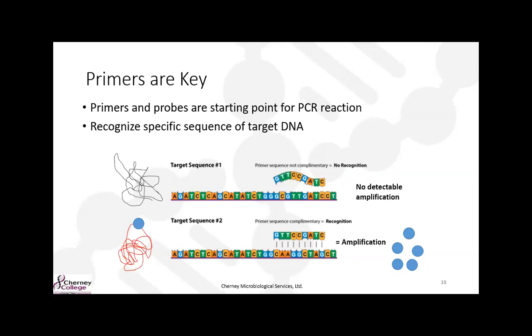However, if you look at target sequence number 2 on the bottom, that specific piece of DNA is salmonella, and it makes a perfect match. As soon as that primer attaches, it's able to elongate that strand of DNA, and it's got that fluorescent probe on it. It's going to keep amplifying, and that fluorescent marker will get stronger and stronger over time as those cycles keep going on and on.